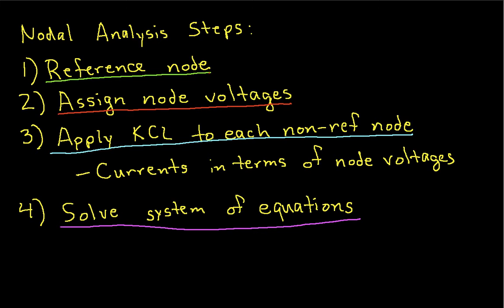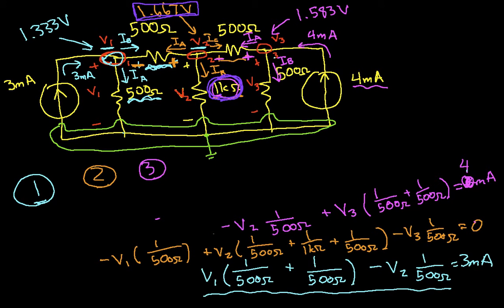Now, of course, I chose the simplest circuit that I could to make this as clear as possible, in the sense that this circuit has only current sources. You'll notice that I have just a current source over here and a current source over here.